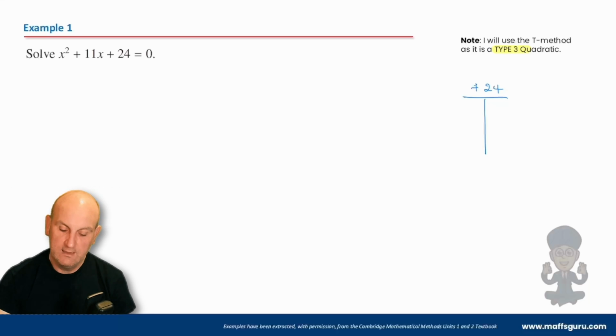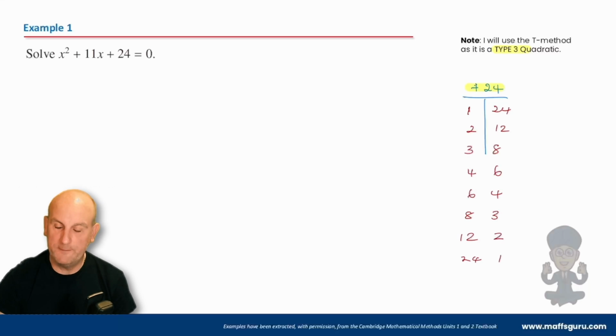Right, 24. Now again, my teacher taught me, once you've written the plus 24 on there, the next thing you do is you find all of the factors of 24. So let's try that one again. I've got 1 and 24, 2 and 12, 3 and 8, 4 and 6, 6 and 4, 8 and 3, 12 and 2, and 24 and 1.